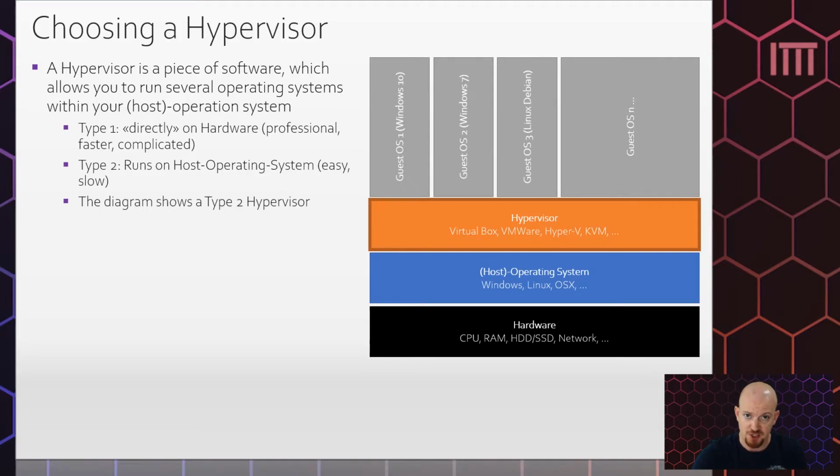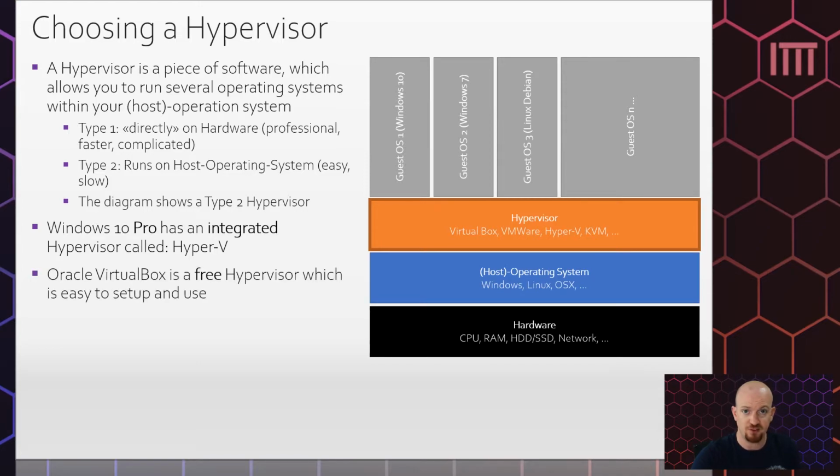Windows 10 Professional, not the home version, has got an integrated hypervisor called Hyper-V. Hyper-V is also used in professional environments in a Windows Server system. We also have, for example, Oracle VirtualBox, which is a free hypervisor, which is really easy to set up and use. VirtualBox is a type 2 hypervisor, as you see on this diagram.